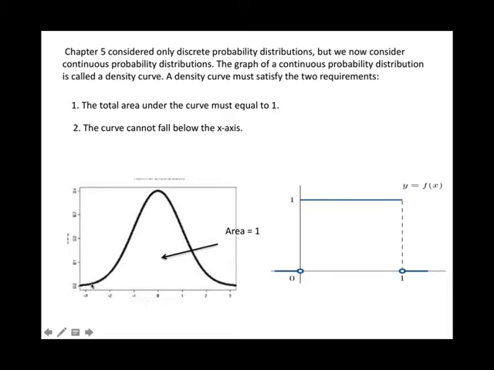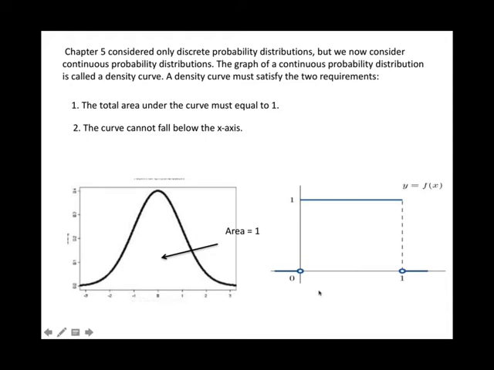Total area under this normal distribution will be equal to 1. The curve cannot fall below the x-axis because area is equal to probability, and probability is always between 0 and 1. So it's never negative, and that's why the curve cannot fall below the x-axis.